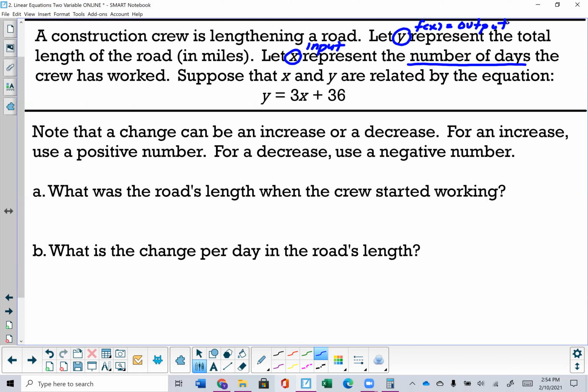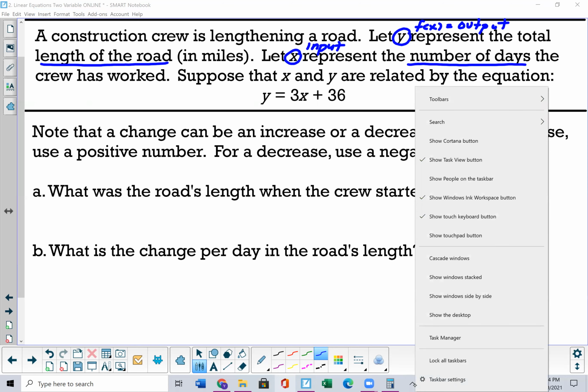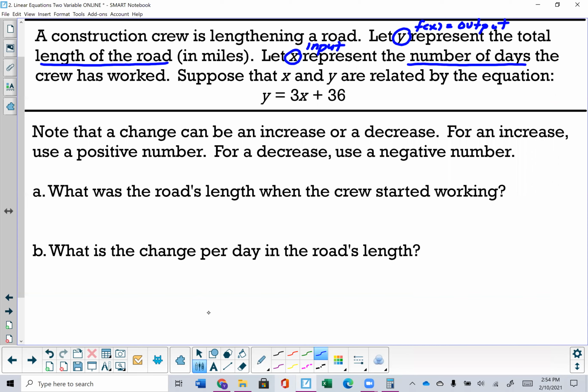And that represents the length of the road. So if we have y equals 3x plus 36, this is slope-intercept form. Our y-intercept is 36, and our slope is 3. So let's think about what these mean in the context of this question.